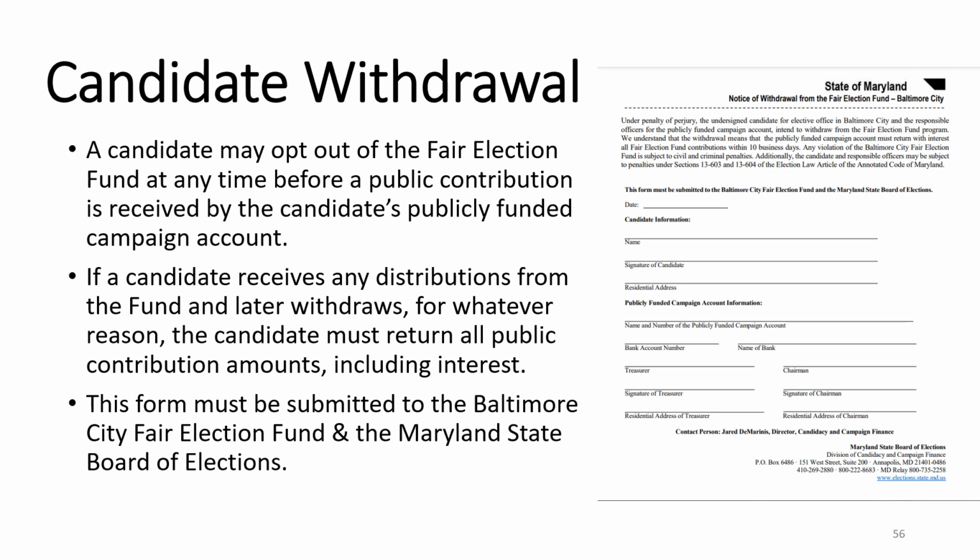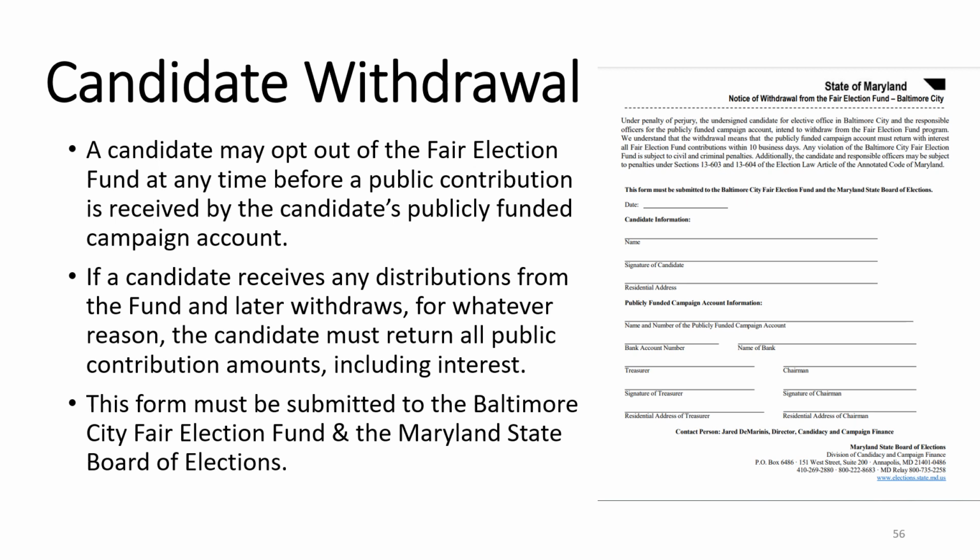What happens when a candidate withdraws from the program? A candidate may choose to withdraw from this program at any time. However, they must pay back to the fund all matching distributions that have been received during the primary and the general election since joining the program, including interest. If there is not enough money remaining in the public campaign committee account, the candidate will be personally responsible for repayment.